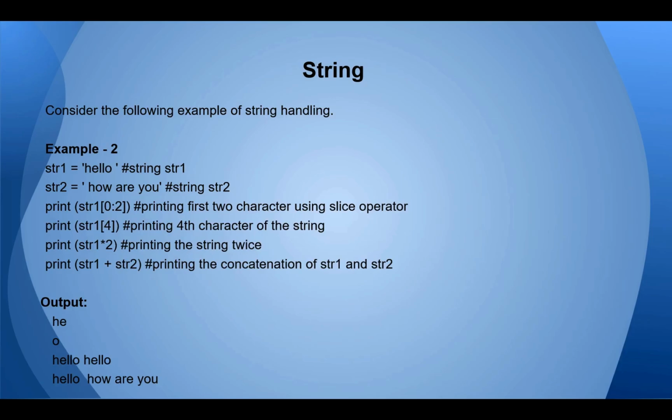Basically, a string is a group of characters, right? If I only say H or E or A, it will be a character. But when there is more than one character, it forms a word, that is a string. And in Python, a string is always denoted by double quotes or single quotes.